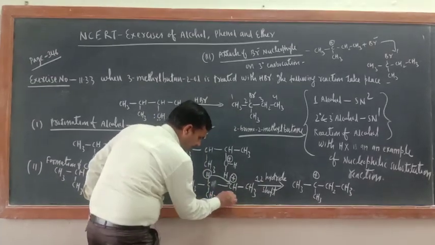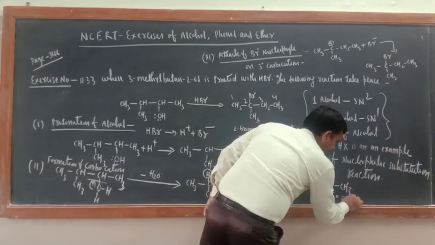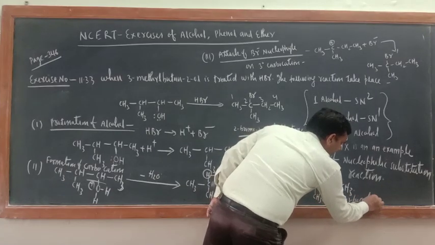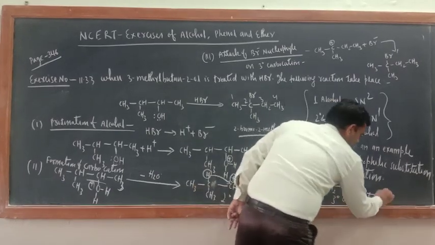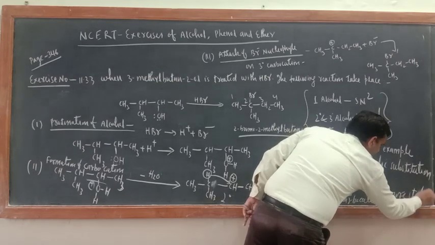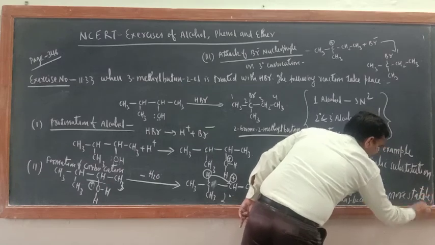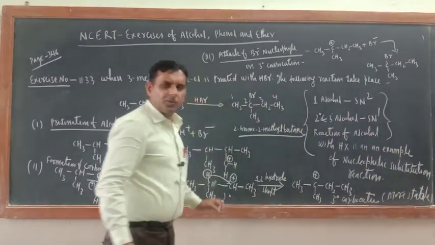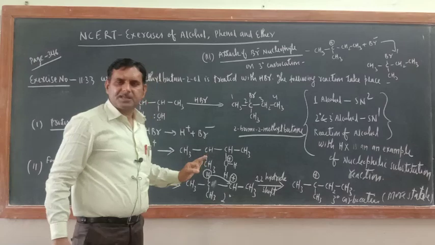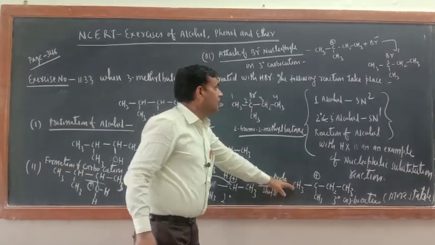This is a 2 degree carbocation, this is a 3 degree carbocation, and a 3 degree carbocation is more stable. So the purpose of 1,2 hydride shift and 1,2 methyl shift is to get the more stable carbocation. Okay, 3 degree carbocation you have got.